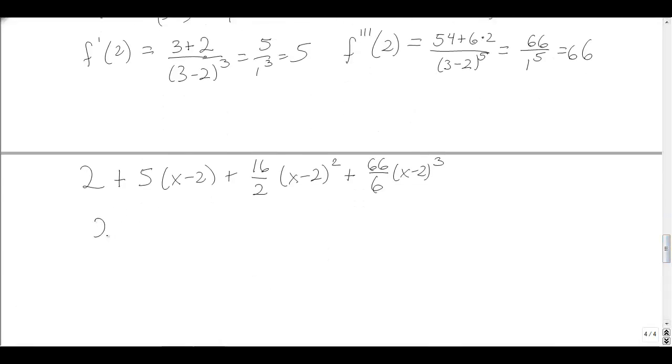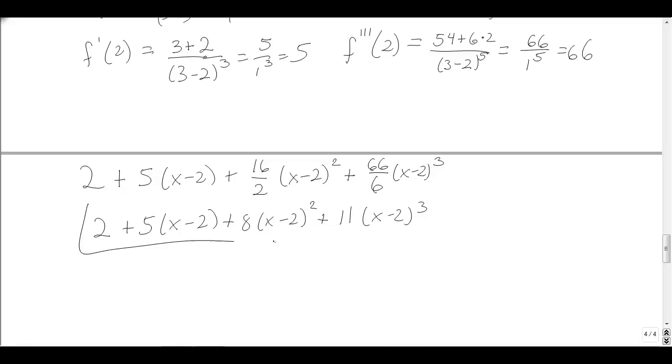And so what we get really is 2 plus 5 times x minus 2 plus 8 times x minus 2 squared, plus 66 divided by 6 is 11 times x minus 2 cubed. So this is really our answer here.